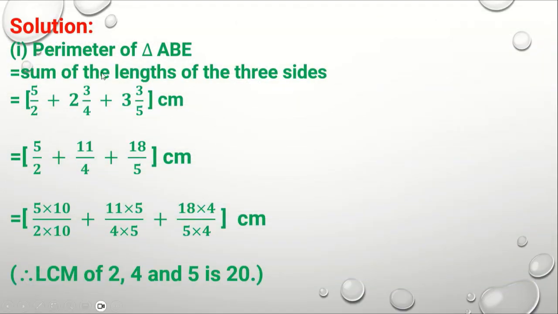Perimeter of triangle ABE is the sum of the lengths of the three sides. So we will add the three sides' lengths. Here we have to first convert the mixed fractions into simple fractions and do the needful. Then we will take the LCM of 2, 4 and 5. So LCM of 2, 4 and 5 is 20.